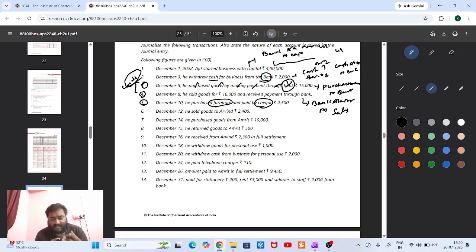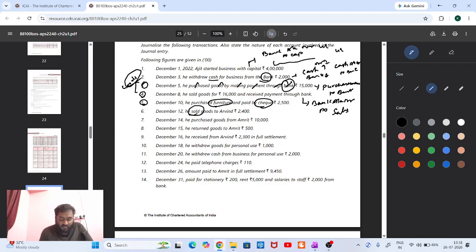In order to increase the debit balance, we debit the account. So furniture account debit to bank. The reason for crediting the bank balance is because the bank balance is reduced.